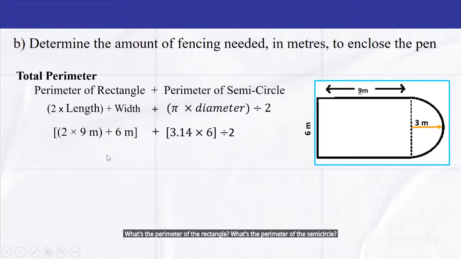Let me give you a chance to work that part. Janelle Cardis says 9.426 square meters, and as she's saying, that is for the semicircle. Okay, so what would be the perimeter of the rectangle?